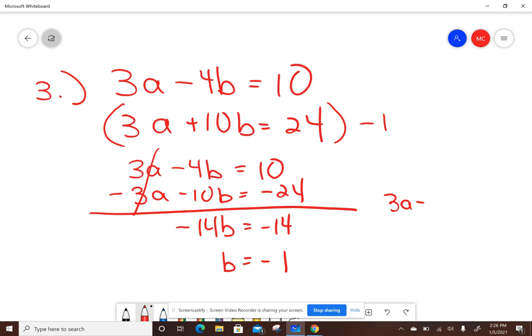I plug in negative 1 for b. I get 3a plus 4 equals 10. 3a equals... I'm doing something wrong.